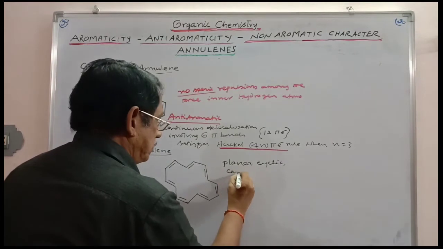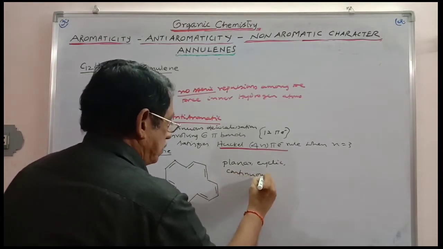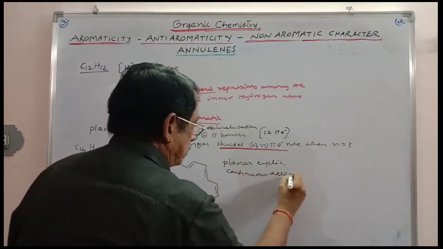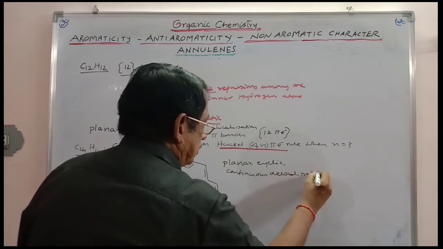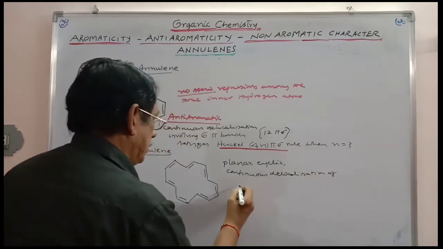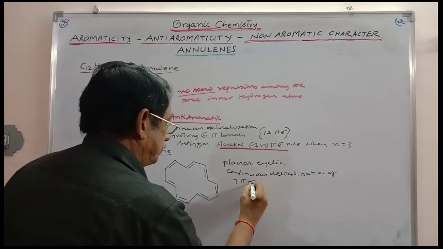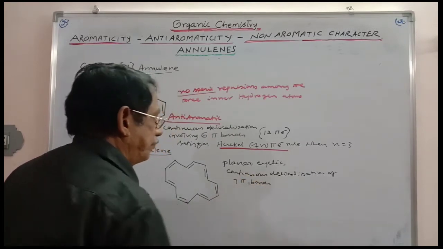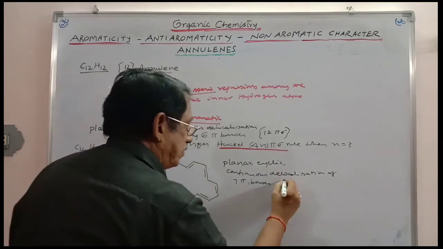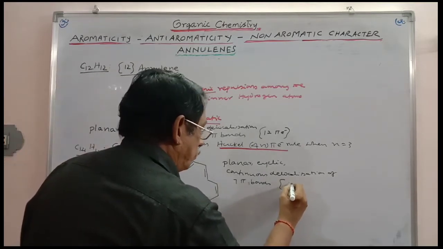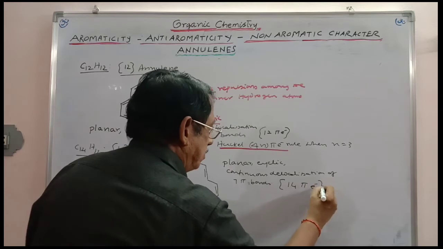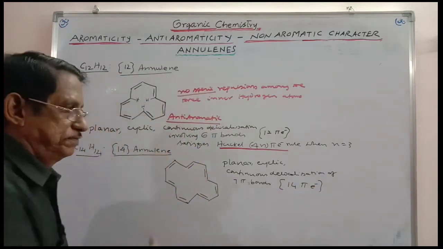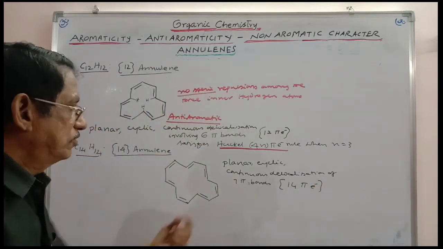So there is continuous delocalization of 7 pi electrons, 7 pi bonds. That means there are 14 pi electrons in the delocalized cloud. 14 means what is it?